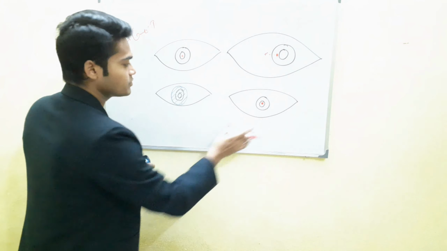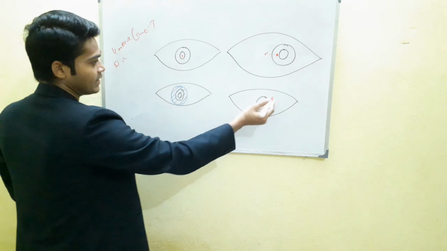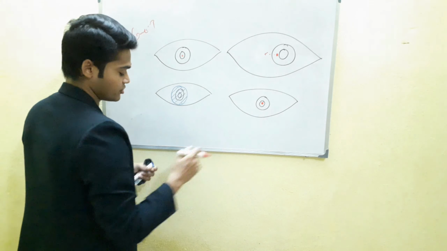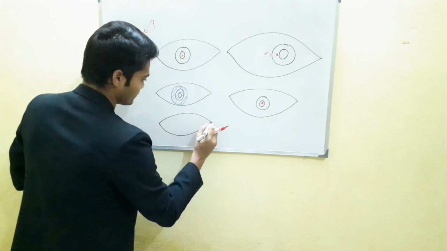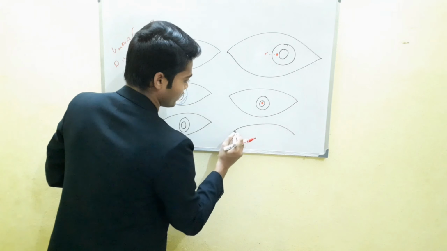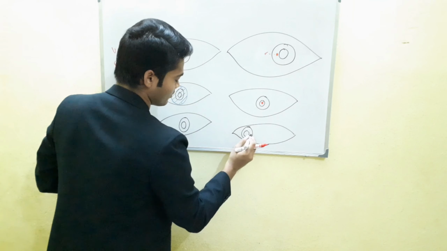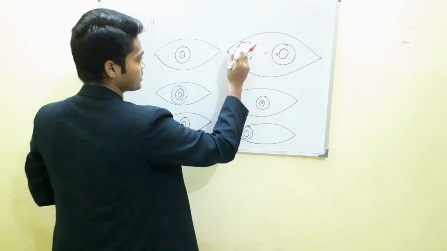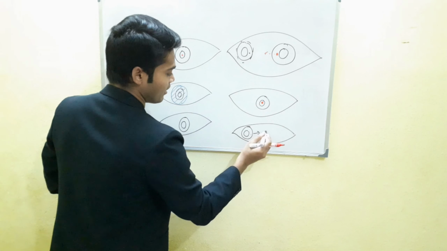Opposite direction means, suppose you cover this part, then the eye moves in this direction. It might be possible that the eye goes in an outward direction. Suppose this is an eye, and this is a case. If this eye's primary position is here, then it swiftly shifts in this direction.